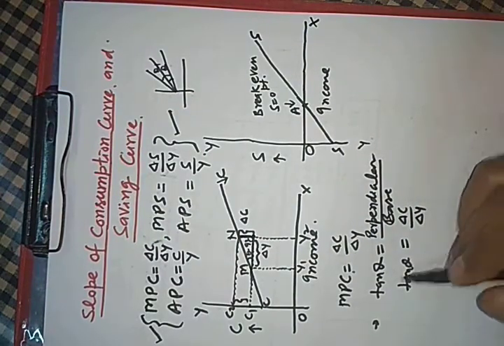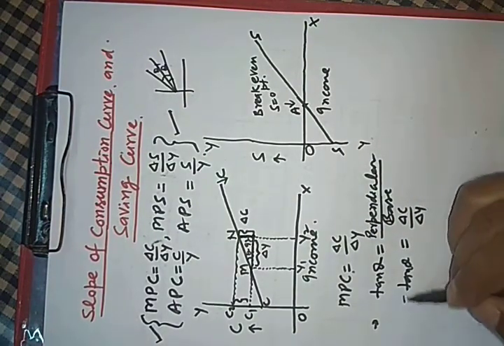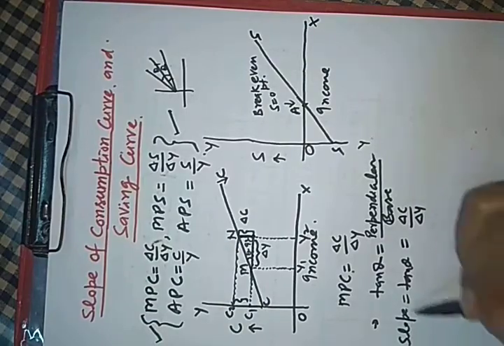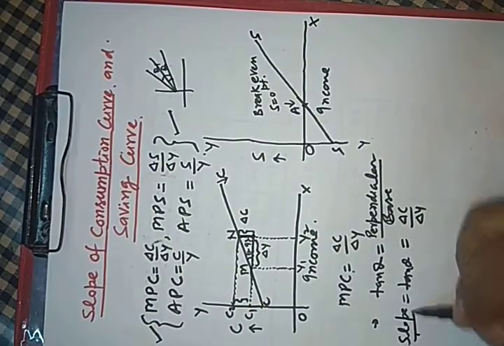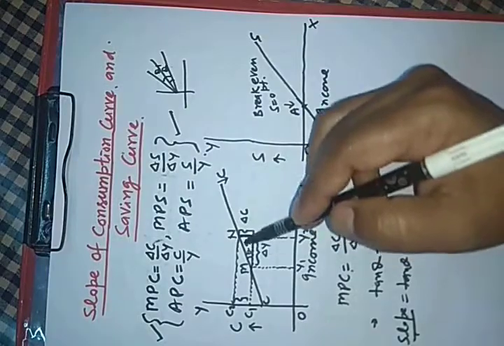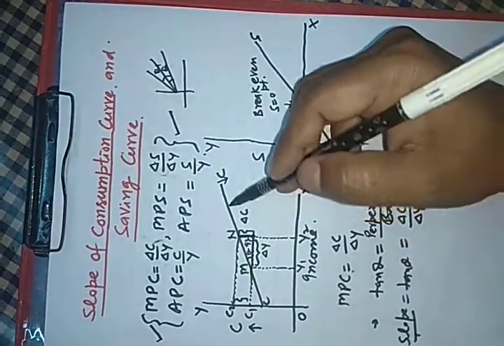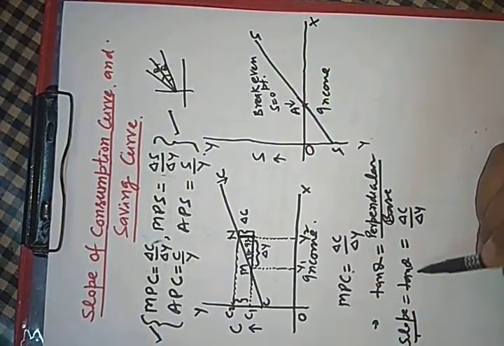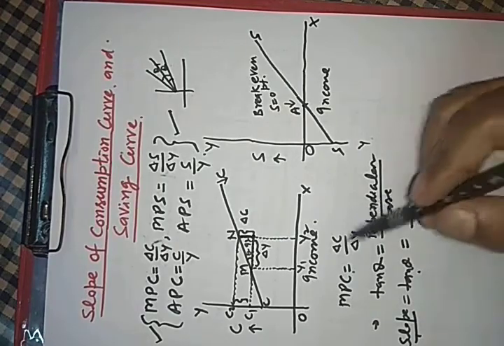Or this tan theta is called the slope of the triangle. So this line का जो slope होगा, that is denoted as tan theta, and this is called slope.